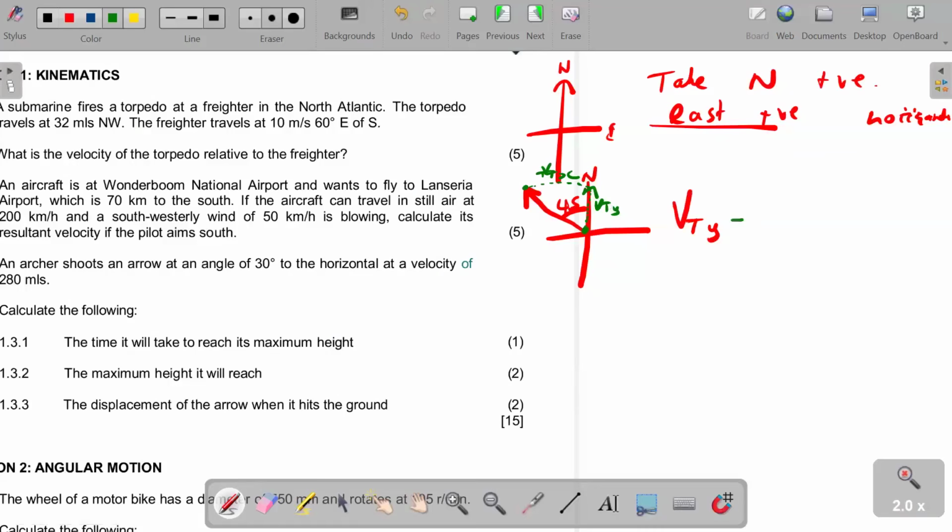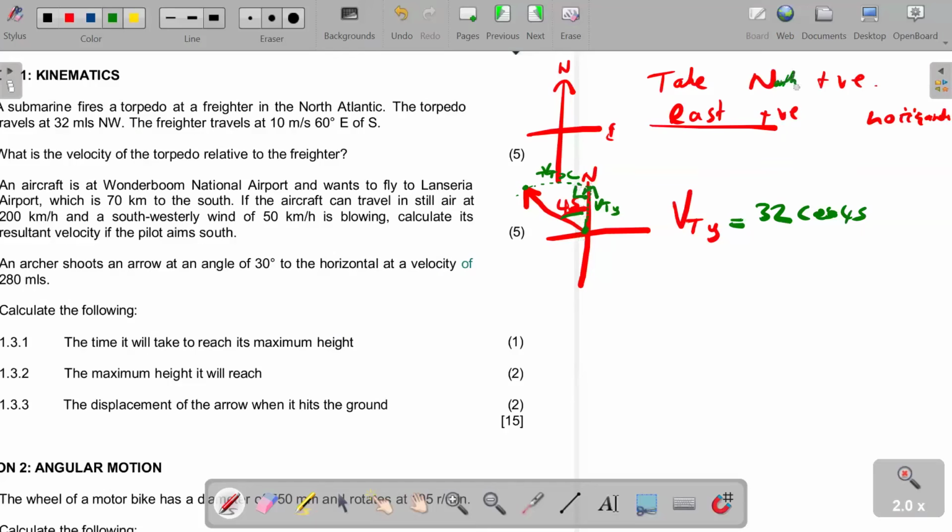So let us start with the VTY. It's going to be 32 cos 45. Why cos 45? Because, of course, this is the right angle triangle that has been formed here. As I move from the tail to the head, I'm going to the north, and I took north as positive.